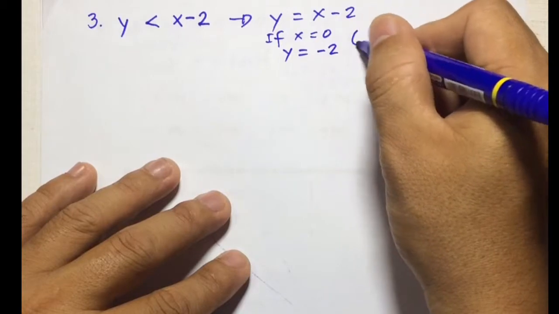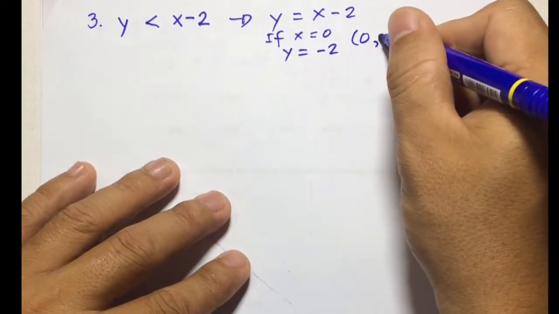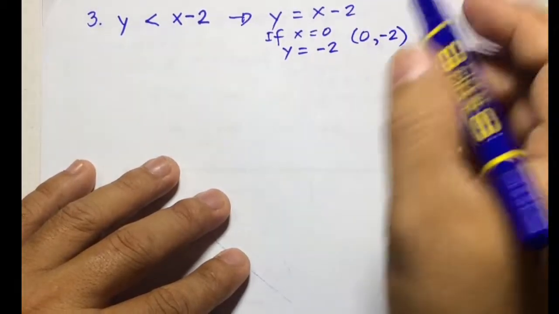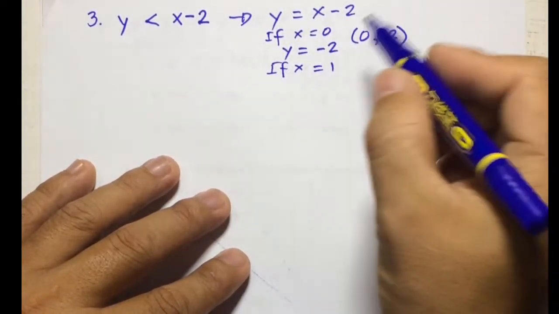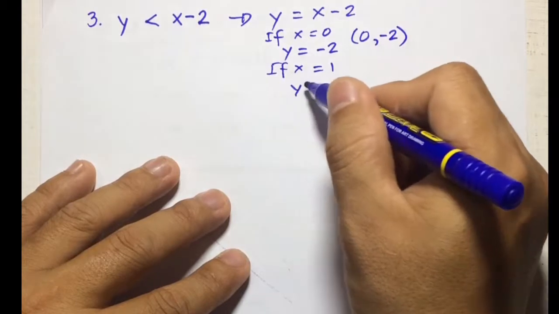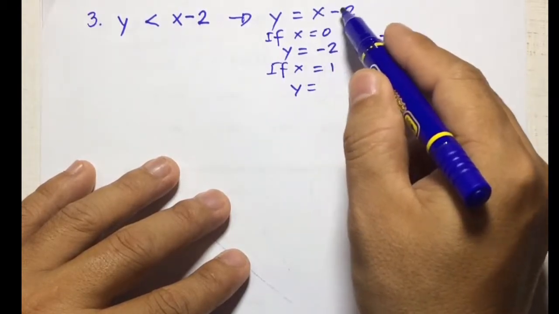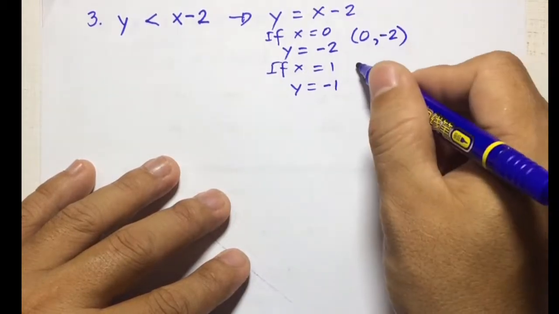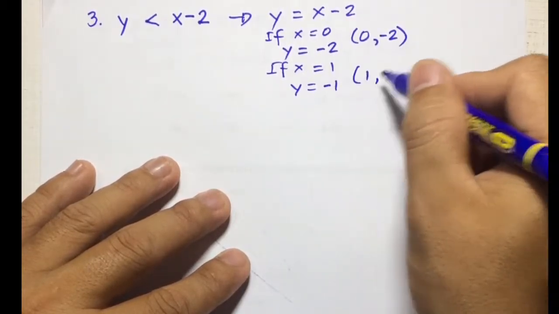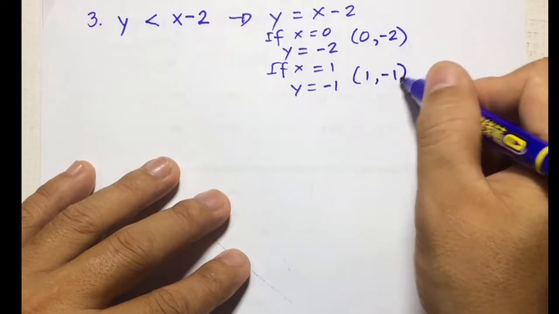So the first point is (0, -2). Then if x is equal to 1, we have y equals 1 minus 2, that will be negative 1. So the second point is (1, -1).